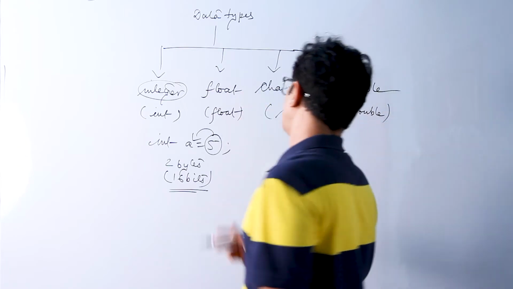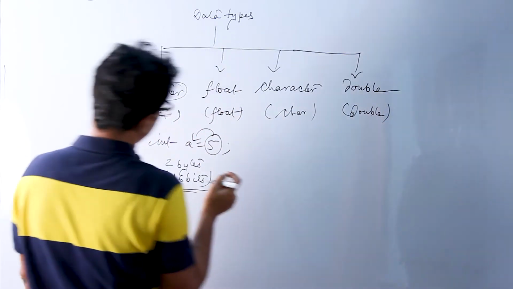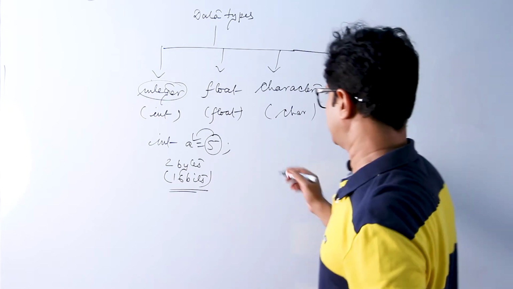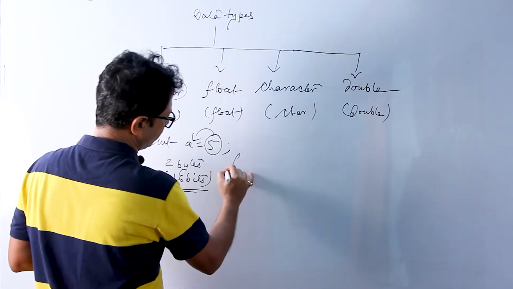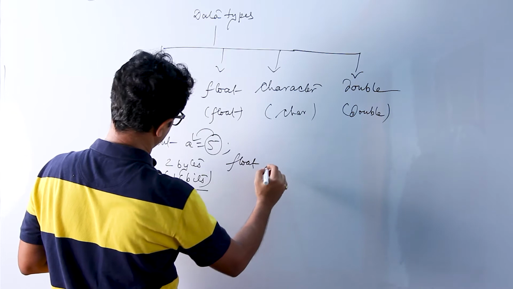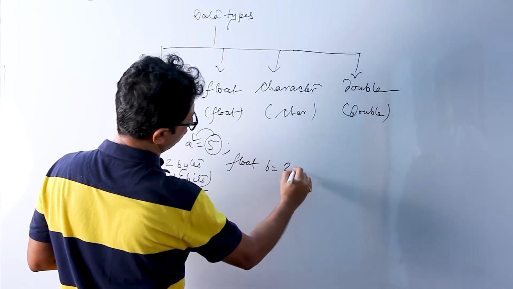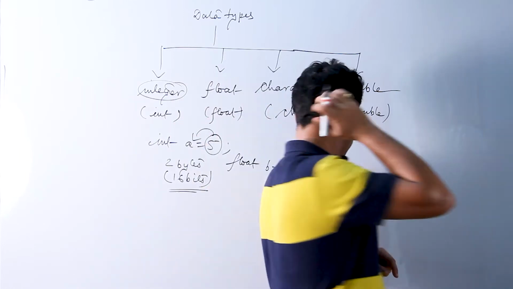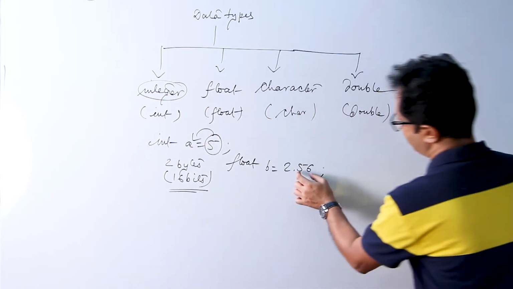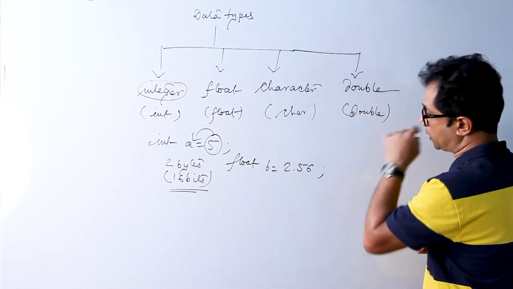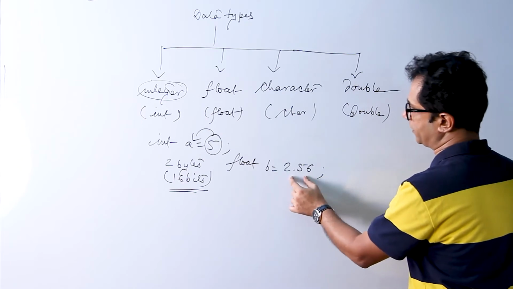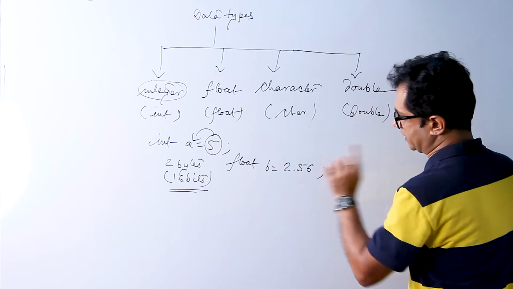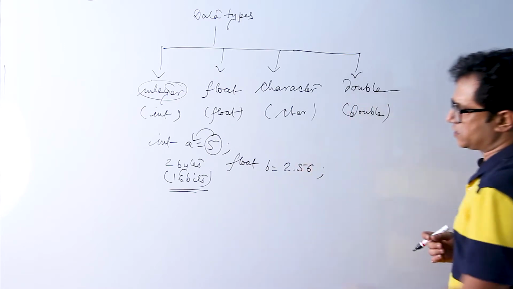A float variable can take expressions like this: float b = 2.56 or something like this. Anything which can contain a fractional part after the decimal point can be taken to be a float variable.